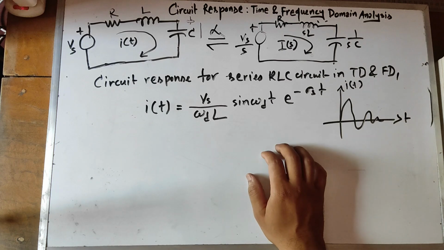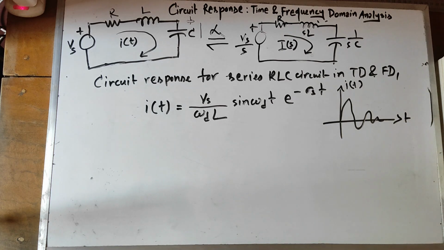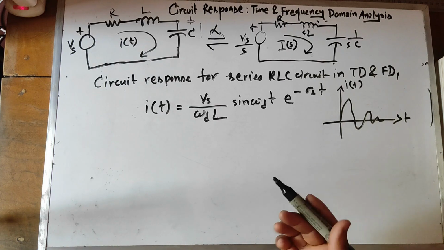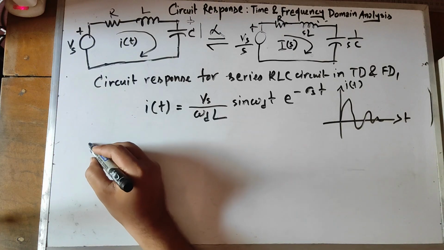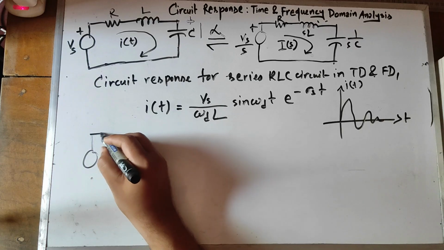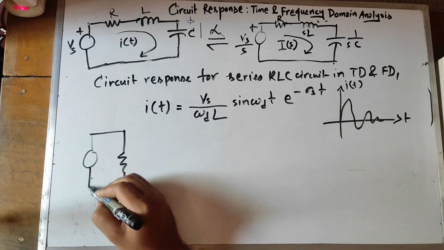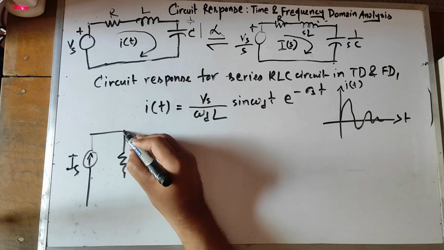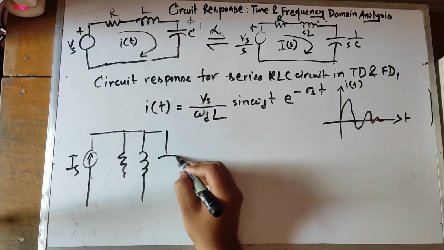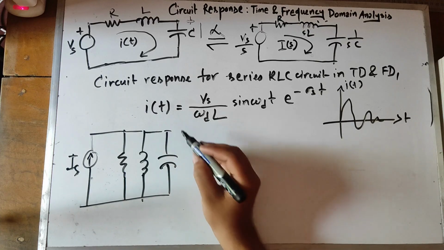So this is the full response of the series RLC circuit, and I will not be making a video for the parallel RLC circuit for step response. If you see my previous videos, you will obviously understand the derivations are quite the same. So for the parallel RLC circuit, if I take a current source, say current is going here, this is the parallel circuit in both time domain and frequency domain.